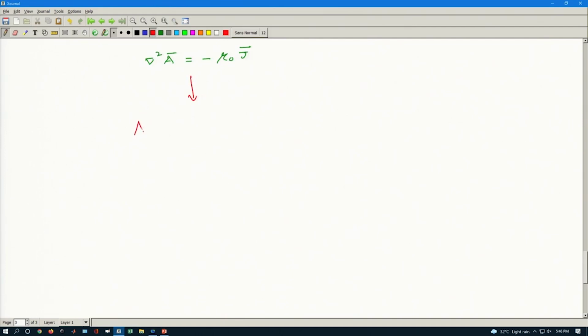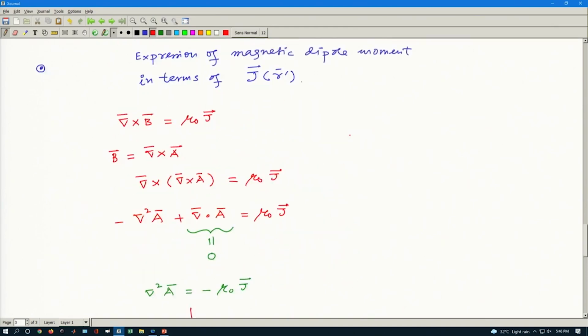The solution is A, a function of r, and that value is mu 0 divided by 4 pi, and then the integration of J(r') dv' divided by |r minus r'|. Okay. So, please check it.